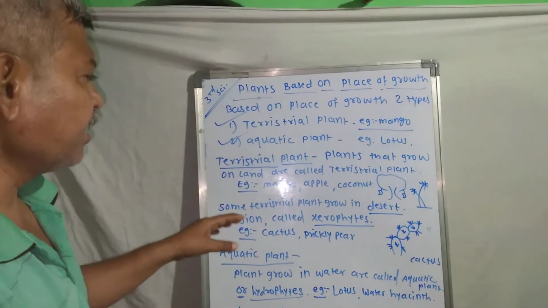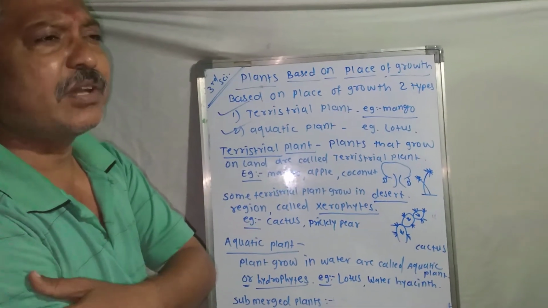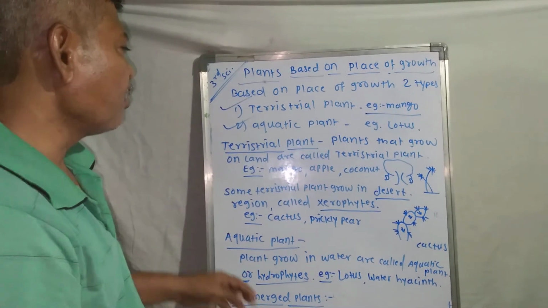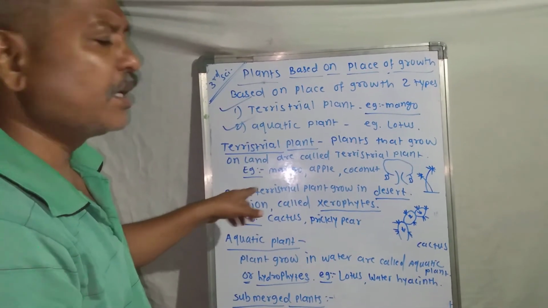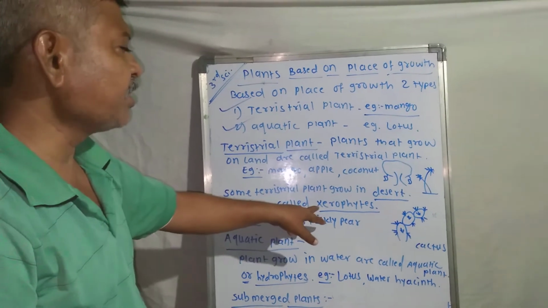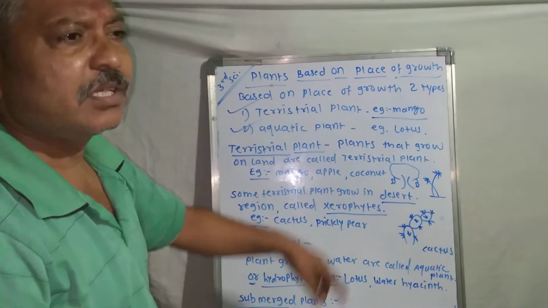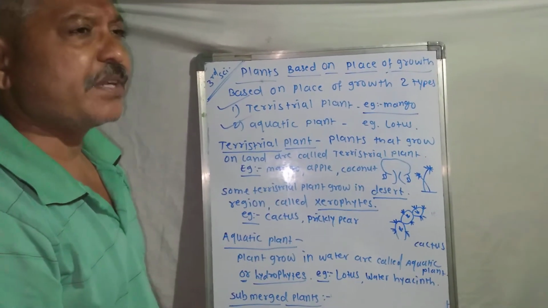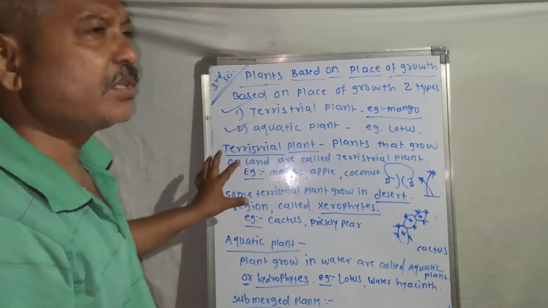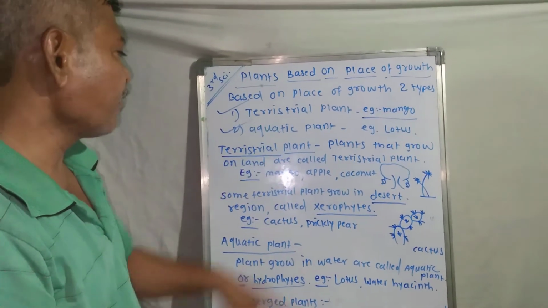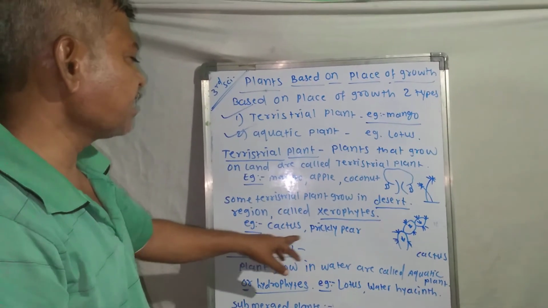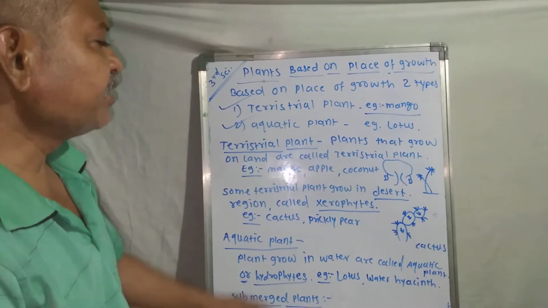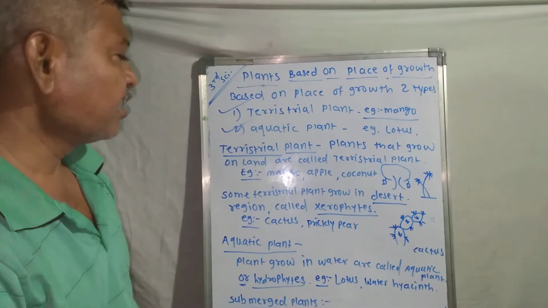Therefore in the desert there is a scarcity of water, and the plants that grow in the desert region are called xerophytes. Xerophytes means plants that grow in the desert. For example, cactus and prickly pear are xerophytes which grow in the desert region.